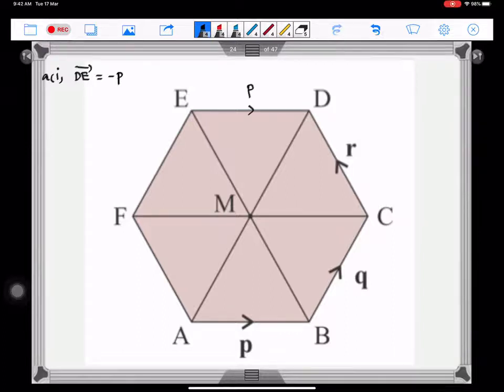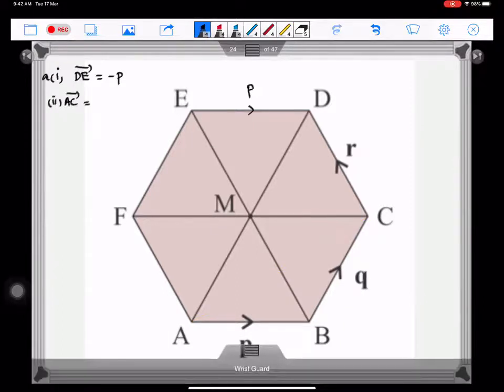So AC is this vector like this, that is P plus Q. So AC is AB plus BC, that is P plus Q.